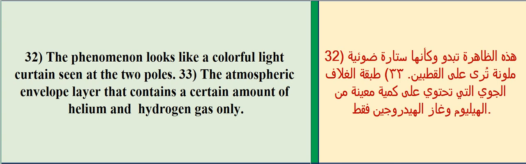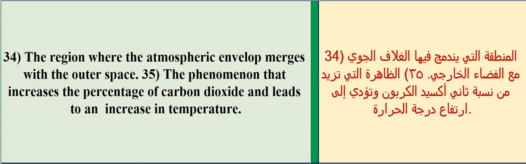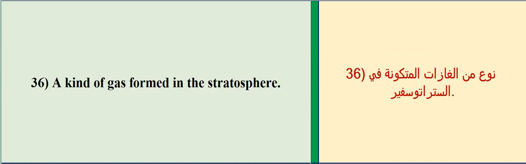33. The atmospheric envelope layer that contains a certain amount of helium and hydrogen gas only. 34. The region where the atmospheric envelope merges with the outer space. 35. The phenomenon that increases the percentage of carbon dioxide and leads to an increase in temperature. 36.